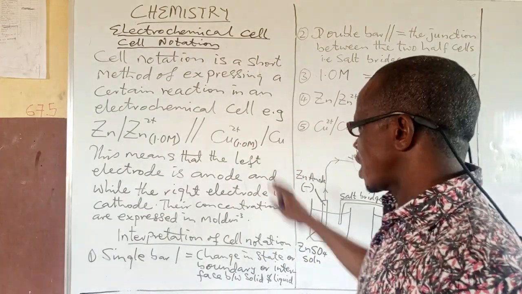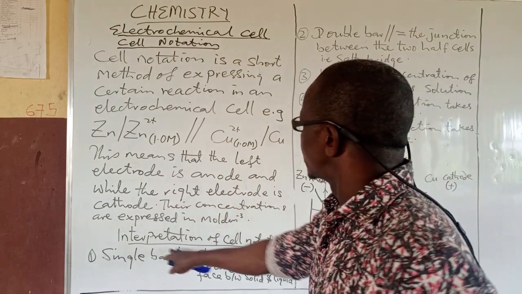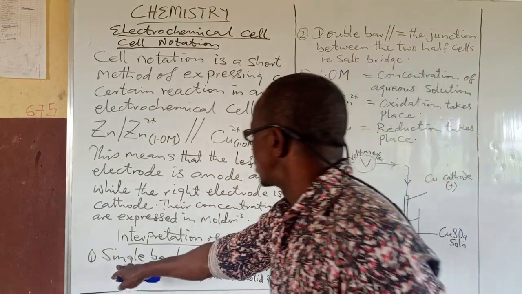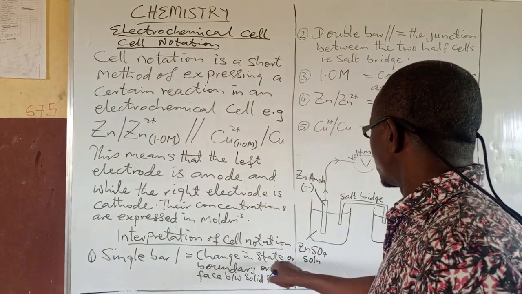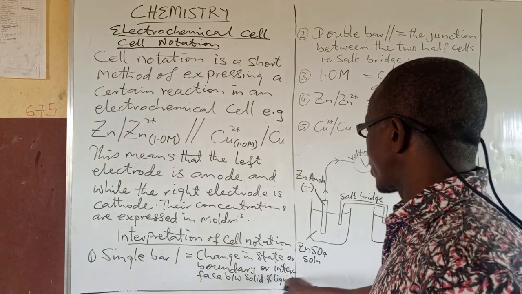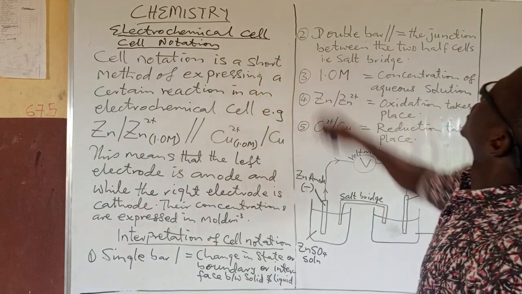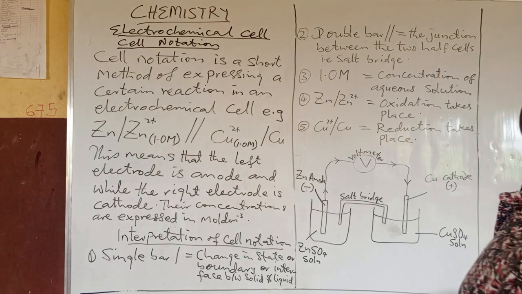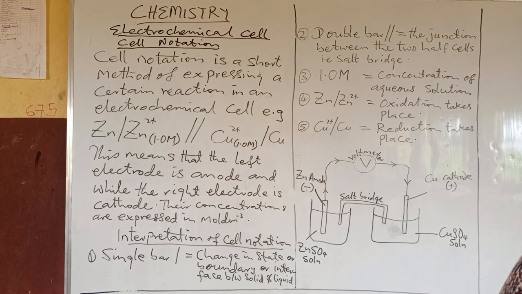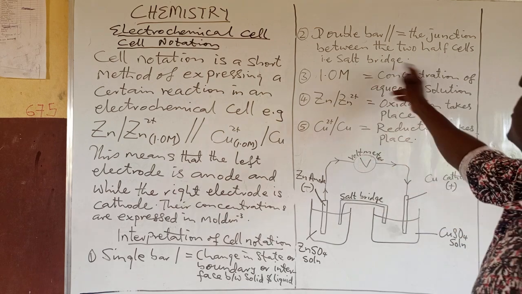Note all these. I have interpreted the cell notation: the single bar is a change in state, or boundary, or interface between solid and liquid. The double bar is the junction between the two half cells, that is, the salt bridge.